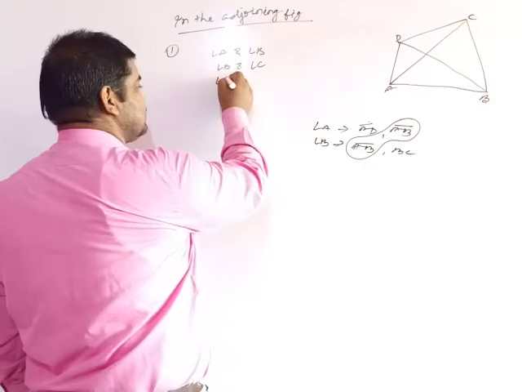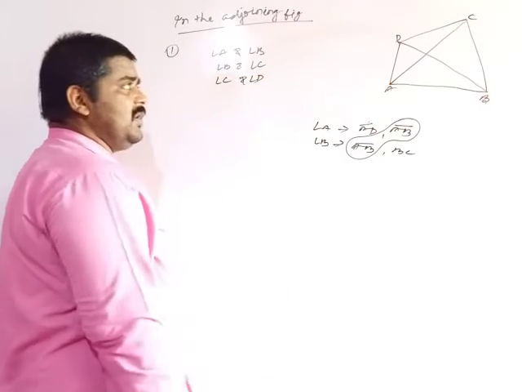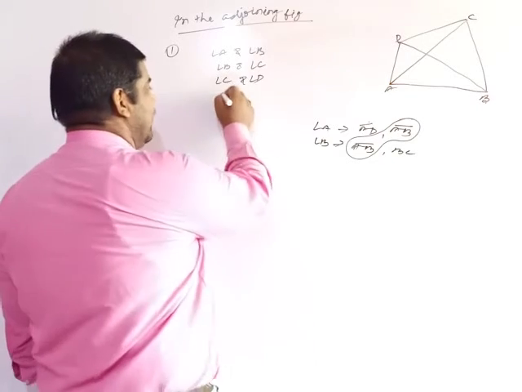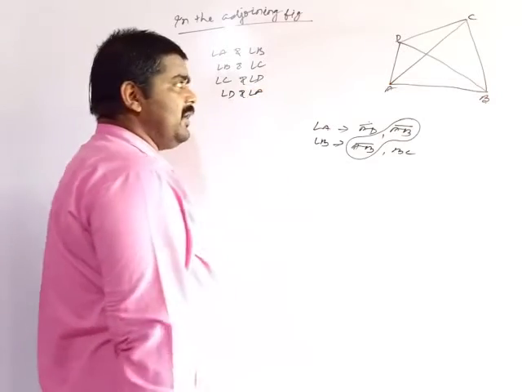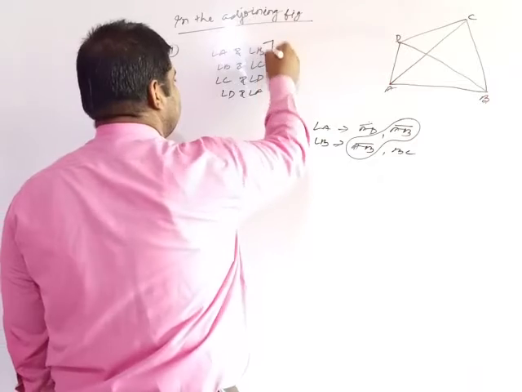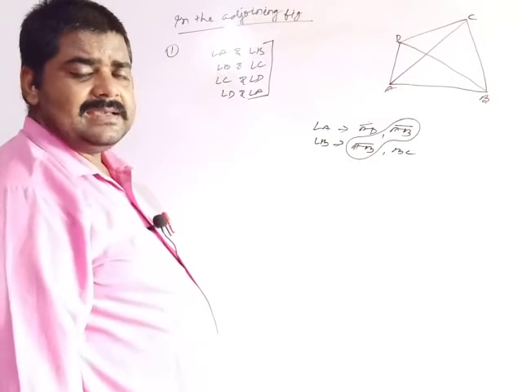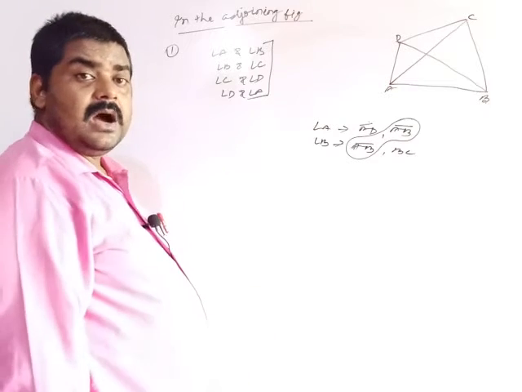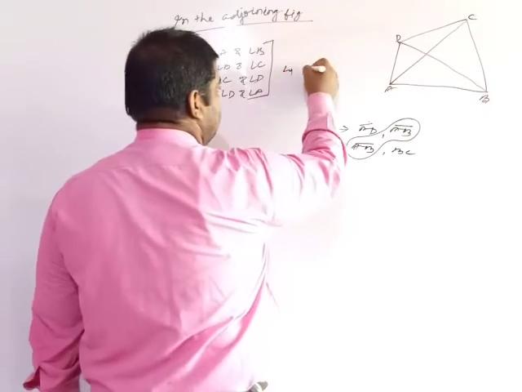Then angle C and angle D, because CD is a common arm, and angle D and angle A, because AD is a common arm. So 4 pairs of adjacent angles are possible.